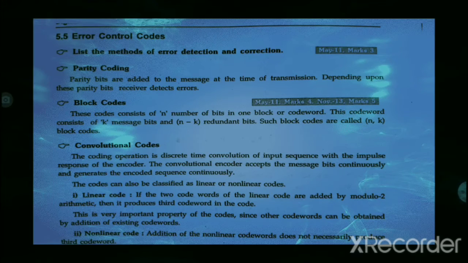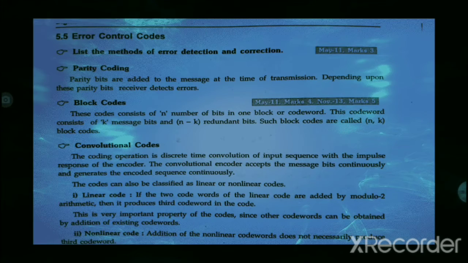Error control codes. The methods of error detection and correction. First one, parity coding. Parity bits are added to the message at the time of transmission. Depending upon these parity bits, the receiver detects errors.